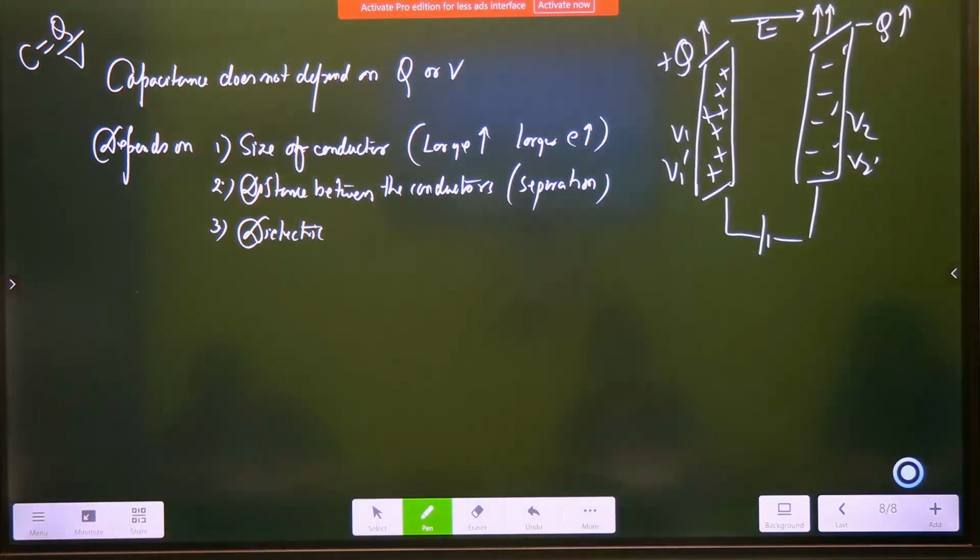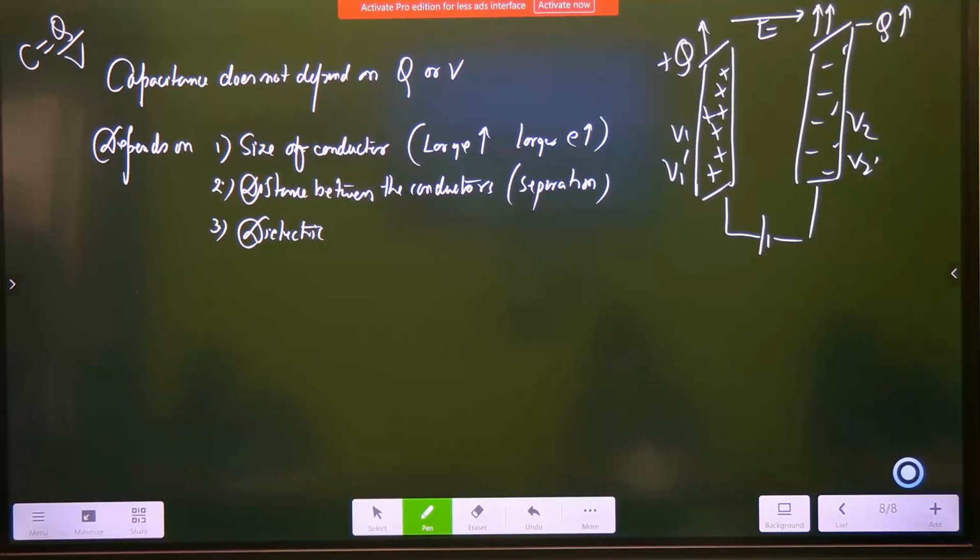Last definition and we will close. Write the definition as dielectric strength. So what is your dielectric strength? My dielectric strength is the maximum E that I can withstand, which does not break down.